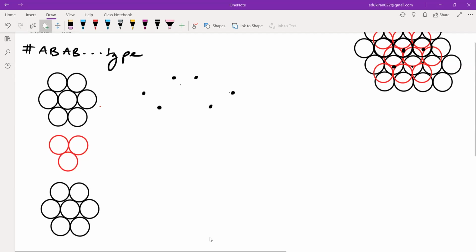And after that, same midpoints will be there for the down layer also. And I will join these lines.